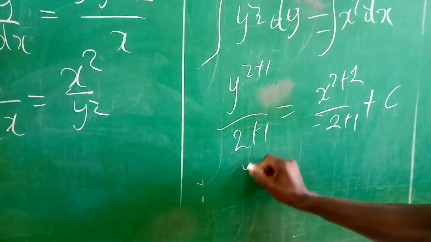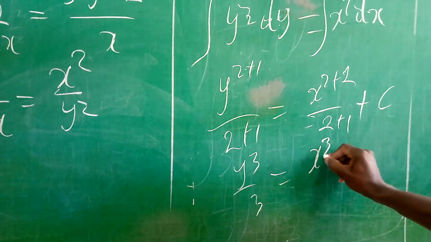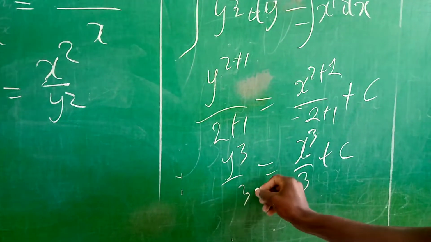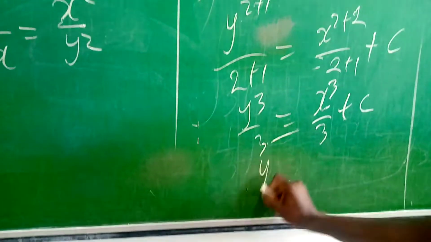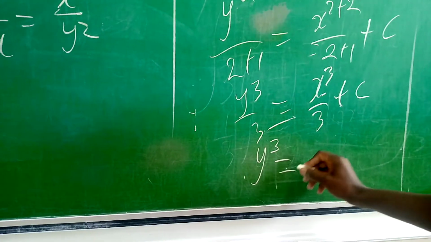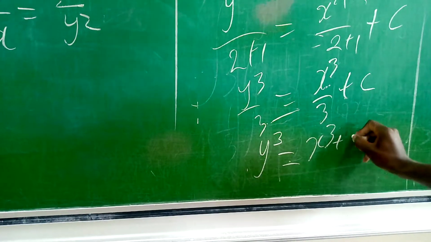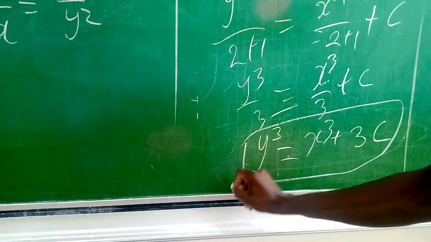So y cubed over 3 is equal to x cubed over 3 plus c. We put the 3 on this side, and multiplying, we remain with y cubed equal to x cubed plus 3c. Then also we get the solution.